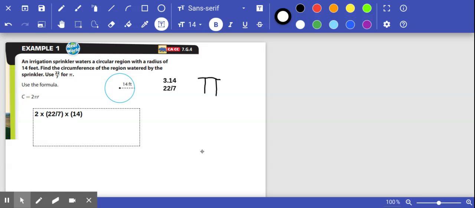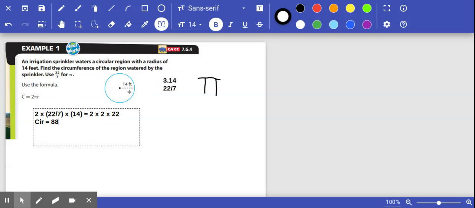All right, so if we multiply that out, the 7 can cancel out, and we're left with 2. So we have 2 times 2 times 22, or 4 times 22. And what that's going to equal is that the circumference is 88.